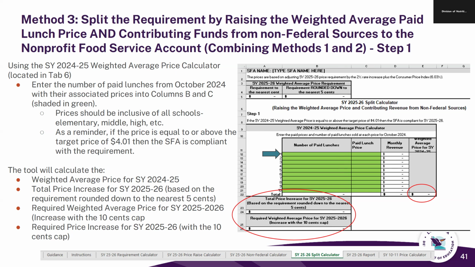And as a reminder, if the price is equal to or above the target of $4.01, then you are compliant with the requirement. So the tool is going to calculate the weighted average price, the total price increase, the required weighted average price, and the required price increase. Those are the sections that are circled on this slide.